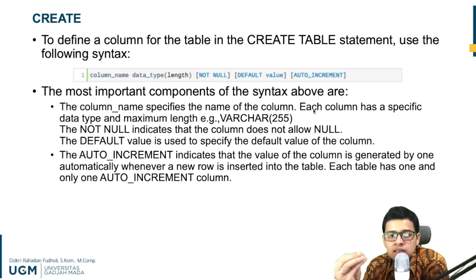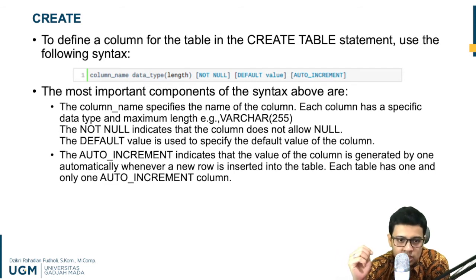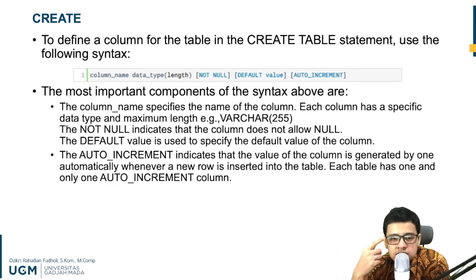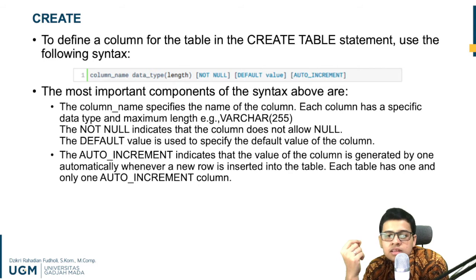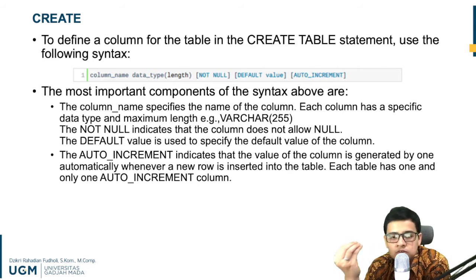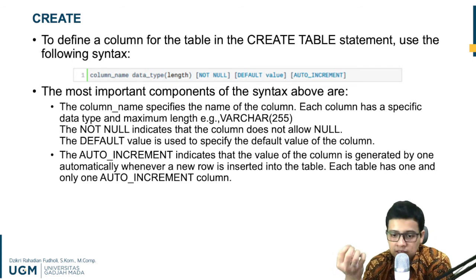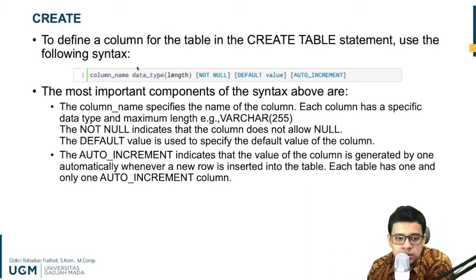And the maximum length of varchar is 255. The not null indicates that the column does not allow null, and the default value is used to specify the default value of the column. For example, if we have default 0, then the default value of this column is 0.